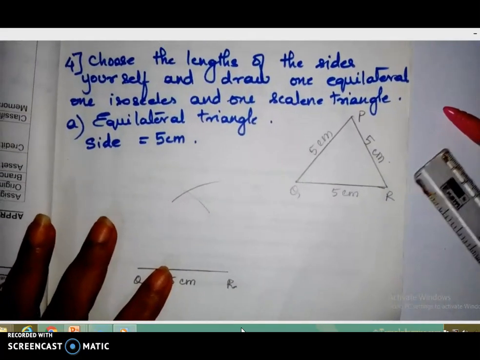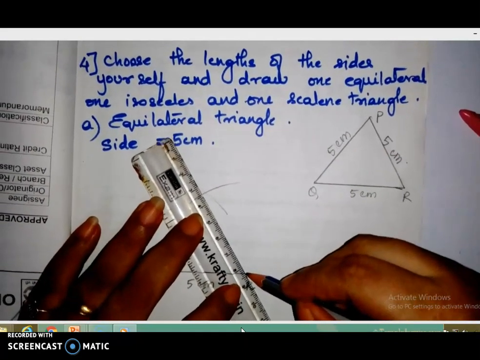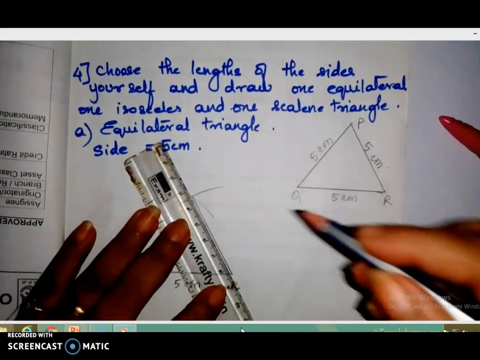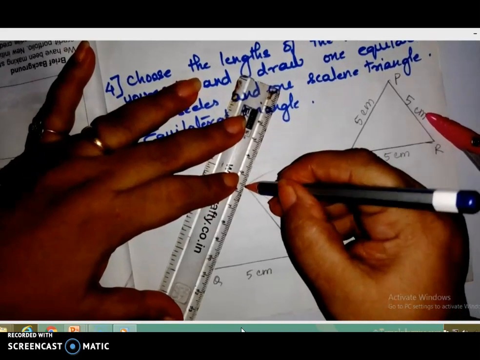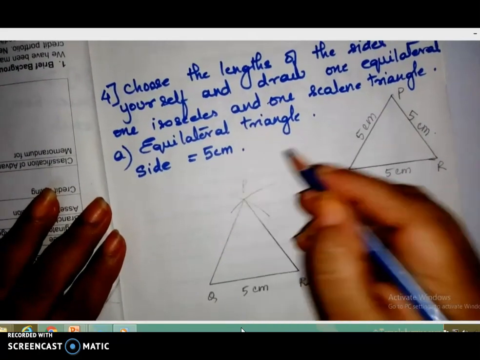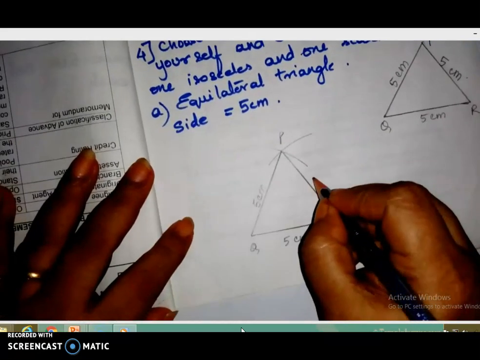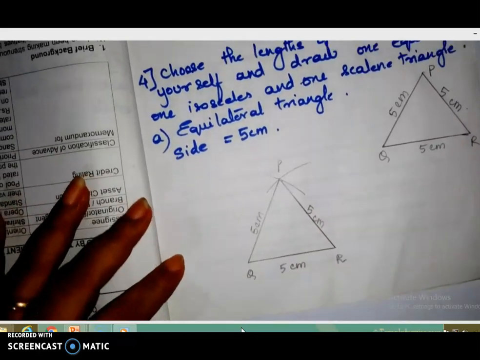And now we will join it. So this is triangle PQR, which is an equilateral triangle having sides equal to 5 centimeter each.